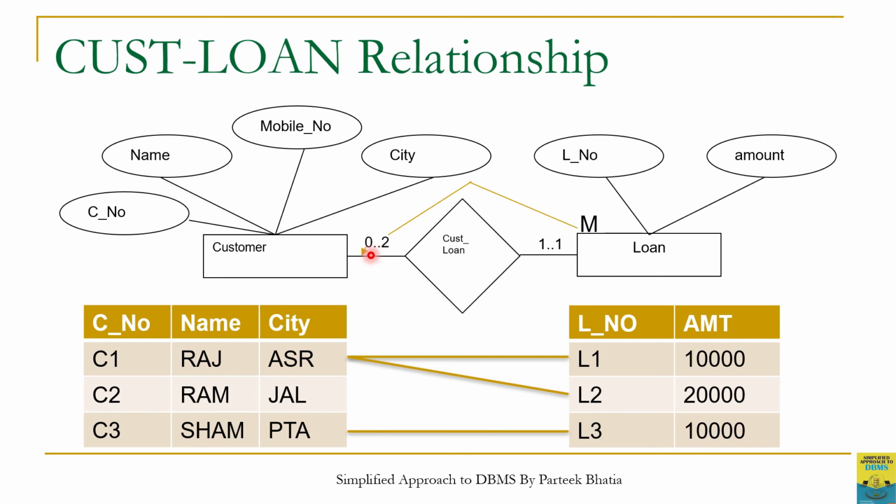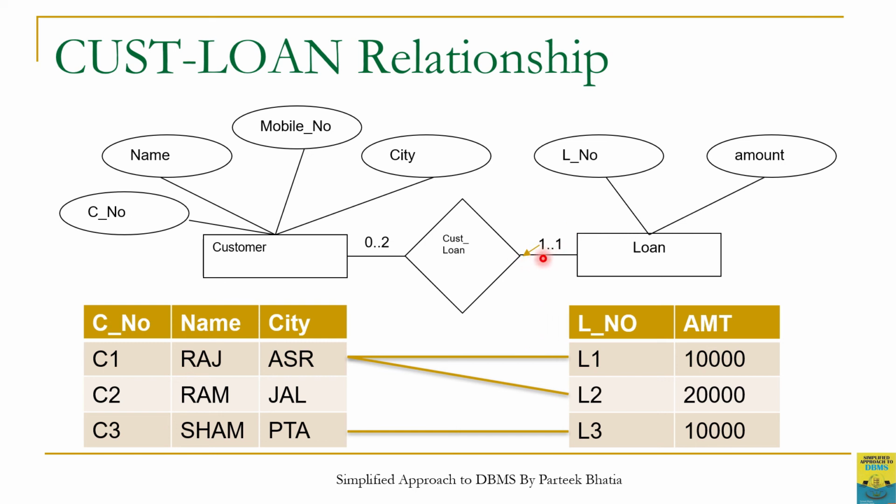So if you consider the cardinality of customer, its limit is 0..2, meaning the minimum value is 0, so this participation will be partial, while it indicates that for a customer we can have a maximum of 2 loans. So this decides the connectivity. This 2 indicates multiple values of loan corresponding to the customer. So this helps us decide the connectivity, and the cardinality of loan is 1..1.